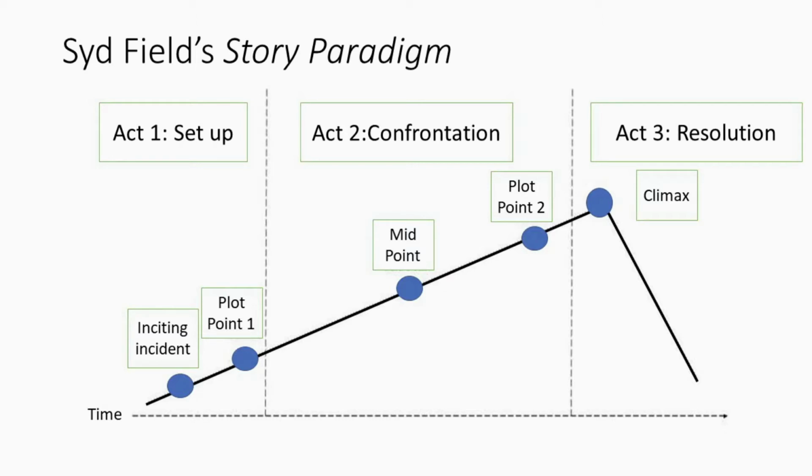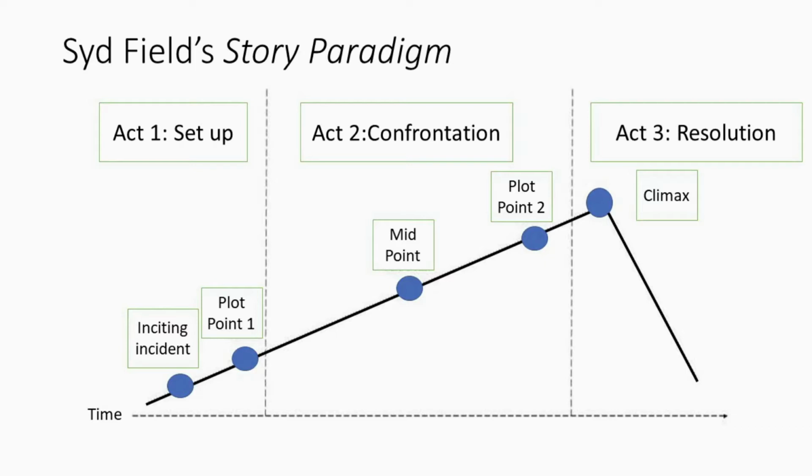In its image or structure, you can see it's quite similar in shape to the pyramid of Gustav Freytag, except that it probably shows a more realistic image of where you might see the climax in the timescale of a novel or a play or a film.